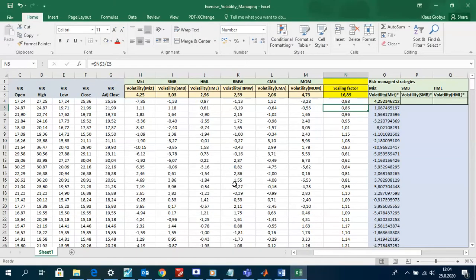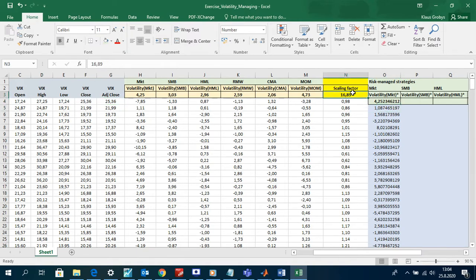We use instead of the realized variance simply the VIX of time t-1. We could also use the VIX squared, because the VIX is obviously the volatility, and if we square the VIX, what we get is the corresponding variance. But in our case, we are satisfied with the simple volatility.